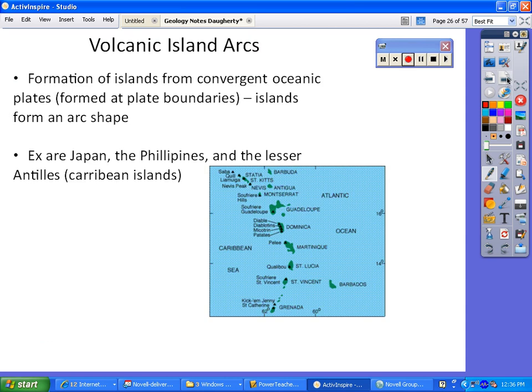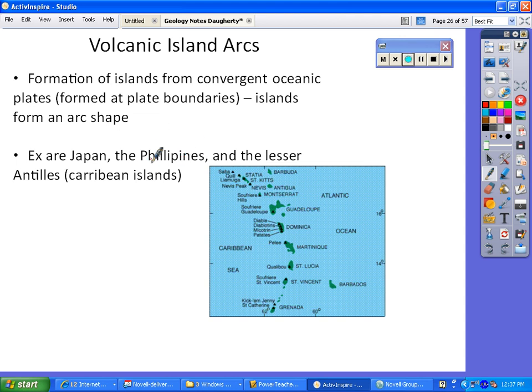Okay, the volcanic island arcs. Very cool. These happen, we said, mostly at oceanic convergent boundaries. And again, so you've got one plate subsiding under the other one, and that's going to cause magma to melt, and it's going to form volcanoes. Yeah, you can have those, that's fine. Some really good examples of volcanic island arcs are Japan, which I do not have a picture of, but you know what Japan looks like.